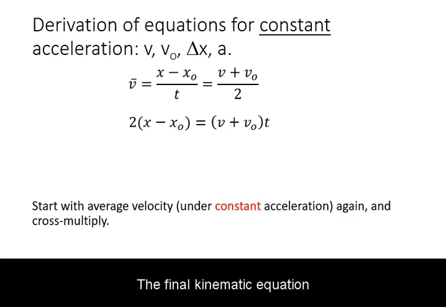The final kinematic equation is necessary for problems where time is not known nor is important. We start yet again with the expressions for average velocity, which then we cross-multiply.